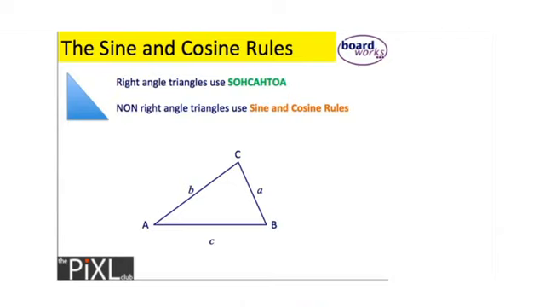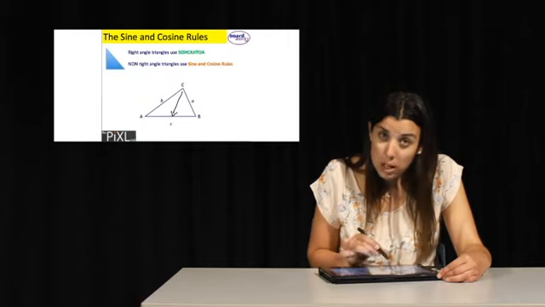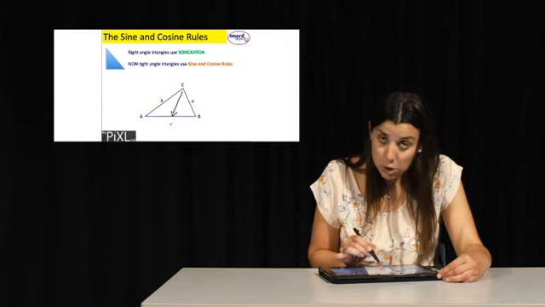If you look here at this triangle on the screen, it's really important, as your first step, to label the triangle correctly. You can see that all of the vertices, the corners of the triangle, are labelled with capitals A, B and C. The sides opposite them, for example, C is here, the side opposite is labelled as lowercase c, and that's the same for B and A. It's really important you stay with these conventions.